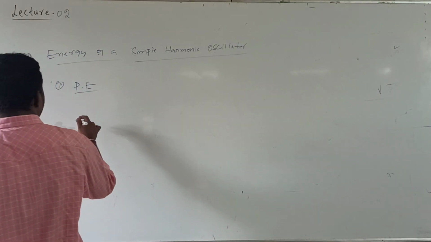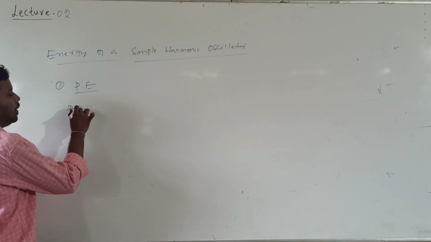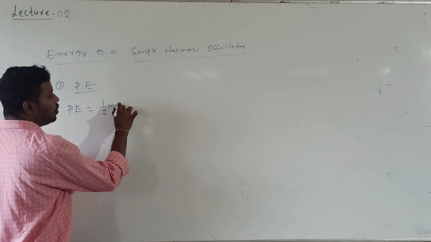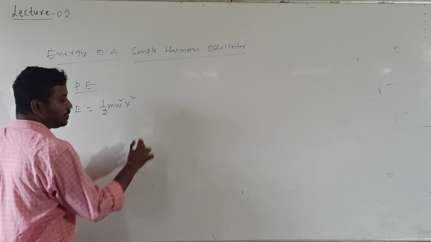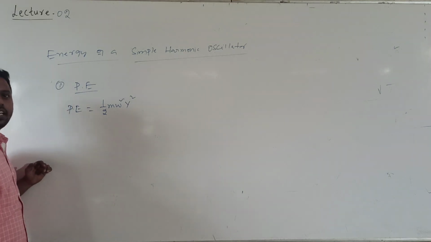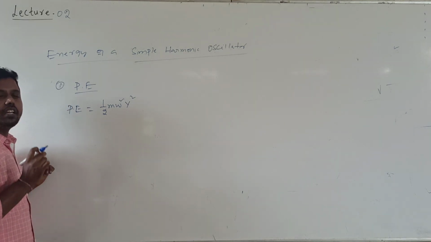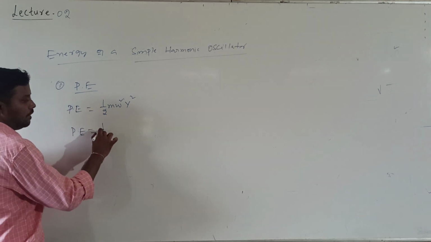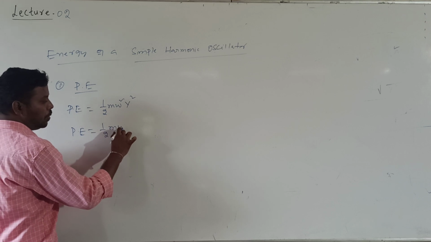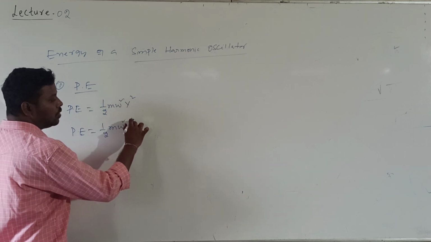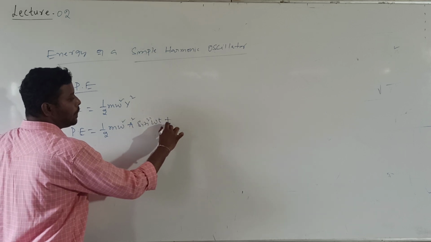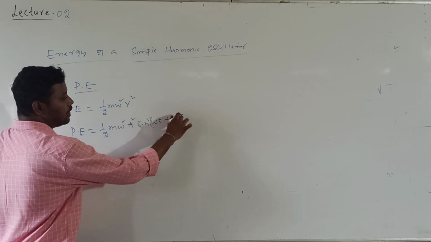The derivation you have studied: potential energy is given by 1 by 2 into m into omega square into y square, which can also be written as 1 by 2 into m omega square into a square sin square (omega t plus or minus phi).